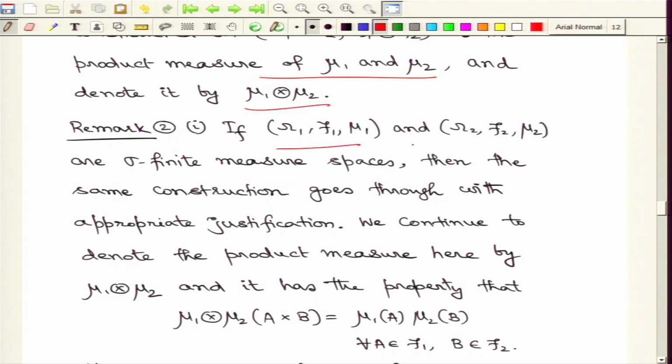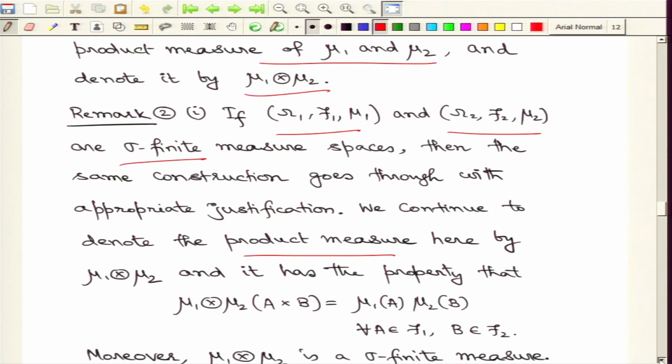If these two measure spaces, which we have originally taken to be finite measures, actually turn out to be sigma finite, then a similar construction can be worked out, and appropriate justifications will be required to justify the sigma finiteness, because on the product sigma field the product measure that we get will turn out to be sigma finite.